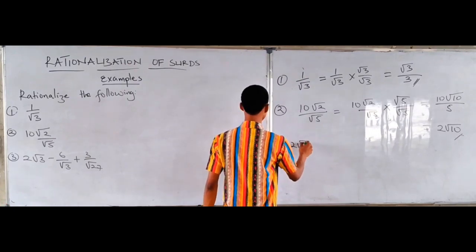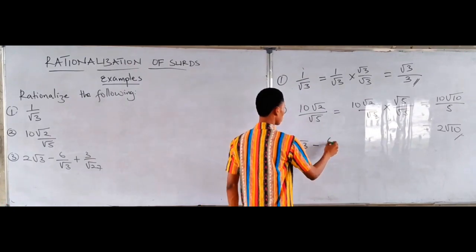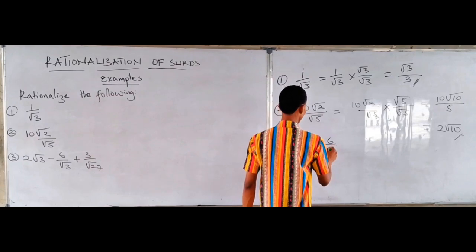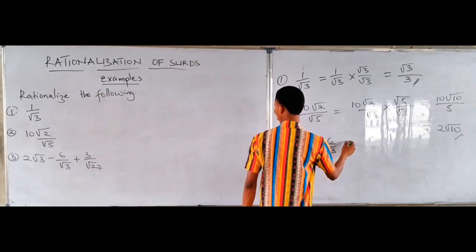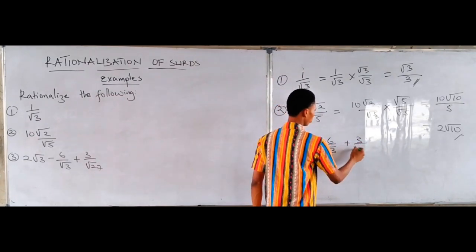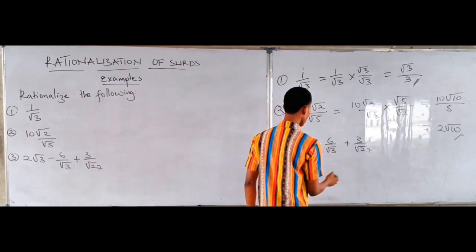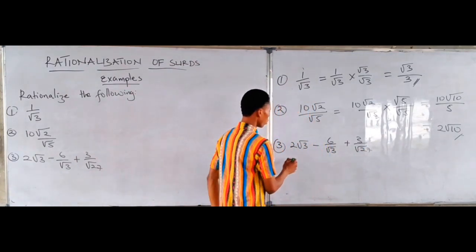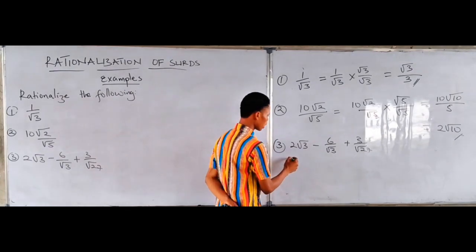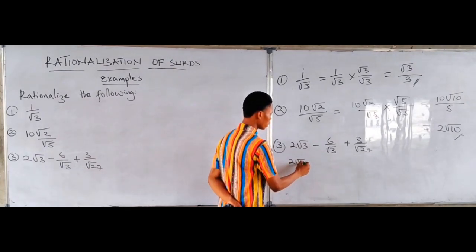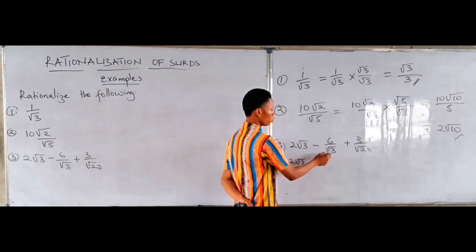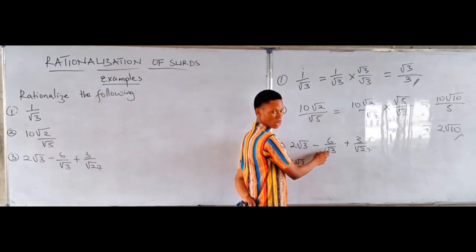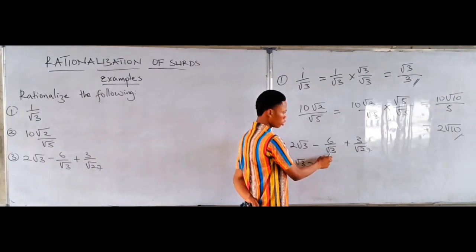2 root 3 minus 6 all over root 3 plus 3 over root 27. Okay, so we are good to go. This is the same thing as saying 2 root 3 minus, and we can rationalize the denominator individually.